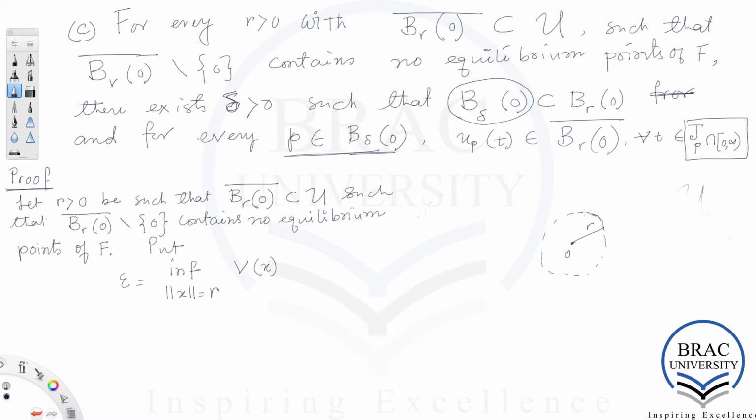So this is the circle, and as you move along the circle, you get different values of V of x. You take the infimum of those values, and that is going to be epsilon. This is our equation number 8.